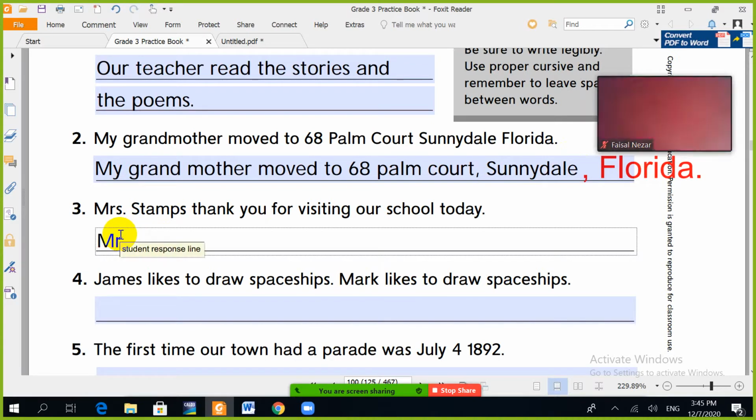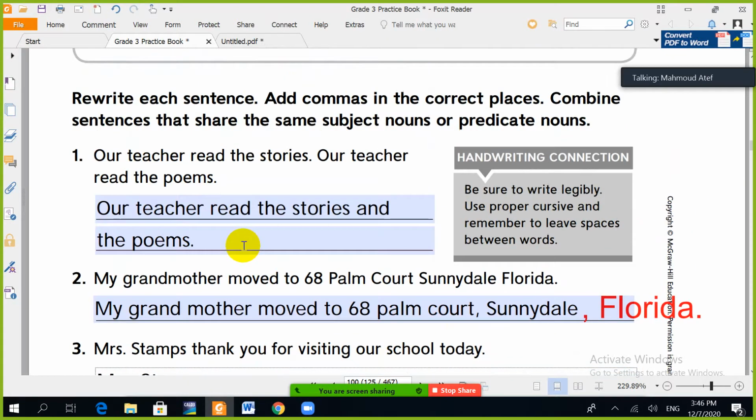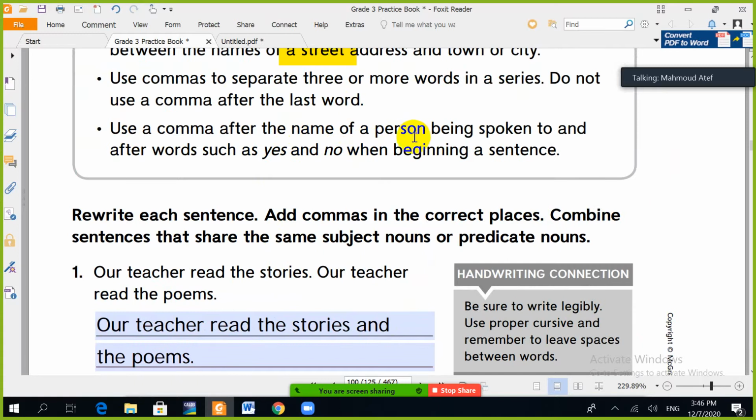So you write Mrs. Stamps, and we have to put a comma. After the comma, we complete the sentence.